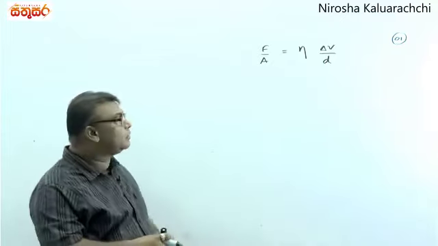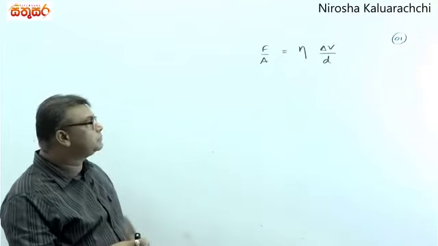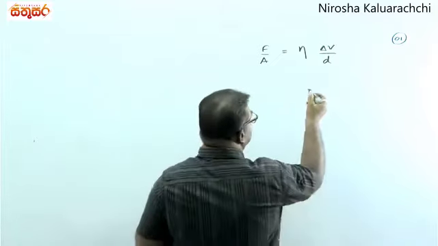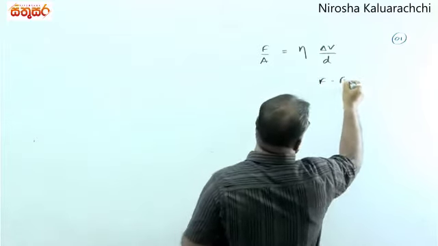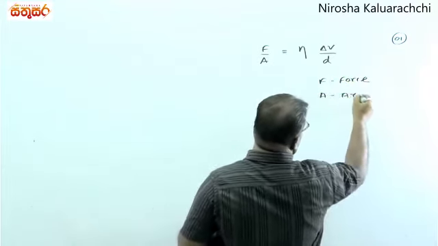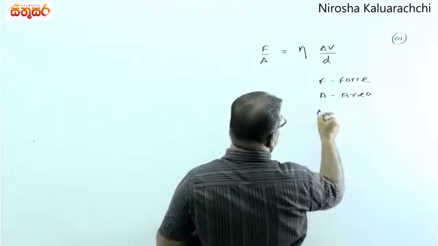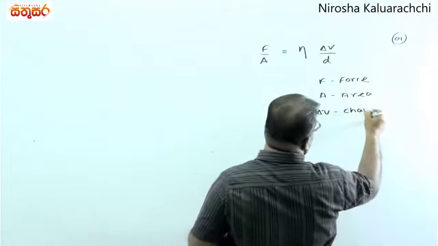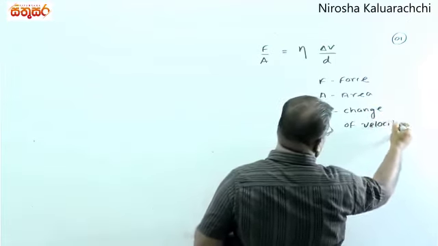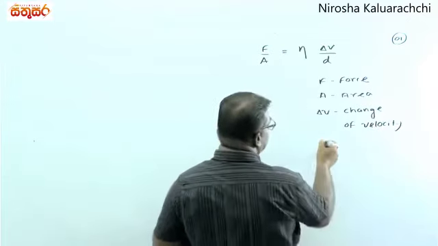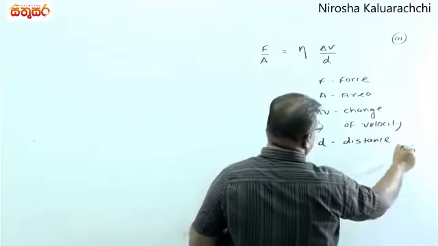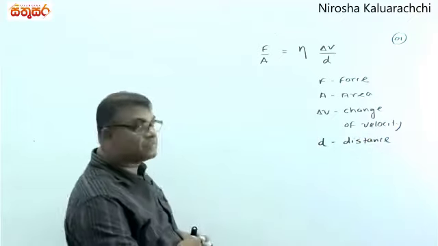F over A equals eta delta V over D, where F is force, A is area, delta V is change of velocity, and D is distance.